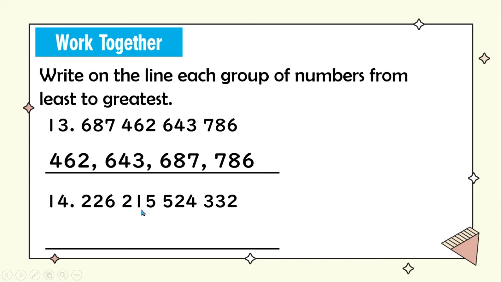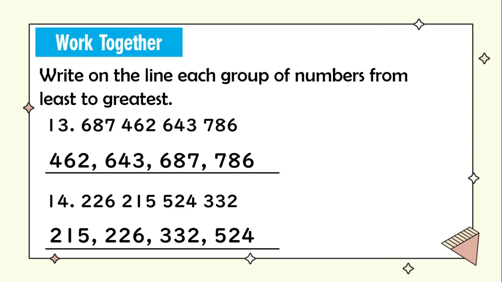Very good, it's 1. So we're going to write 215 first, and then followed by 226. Now, let's check with the other two numbers. The hundreds place value of the other one is 5 and the other one is 3, which is the least? 3. Very good. So followed by 332, and the greatest number is 524. Okay, so that's how you're going to arrange numbers.